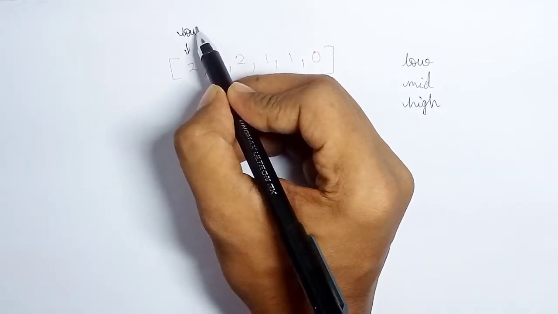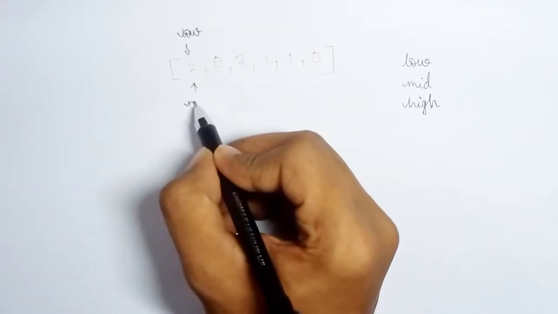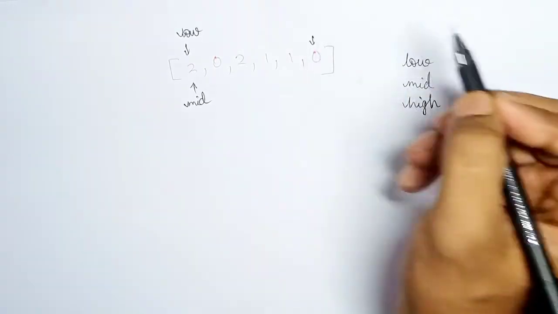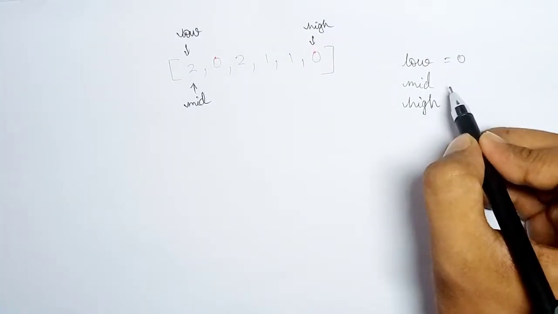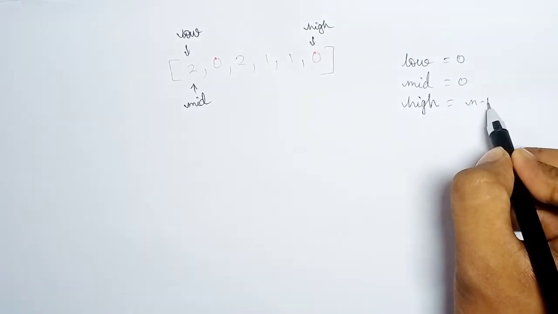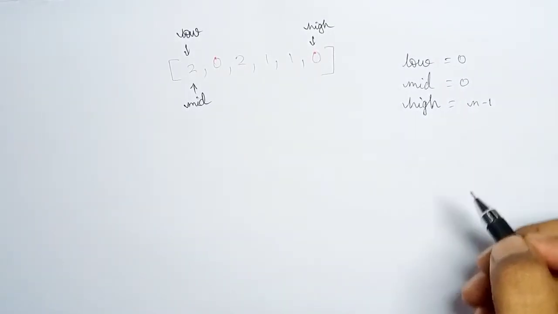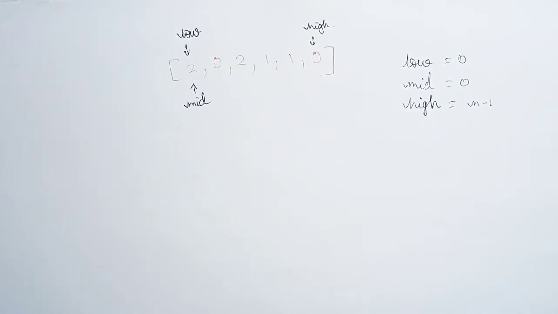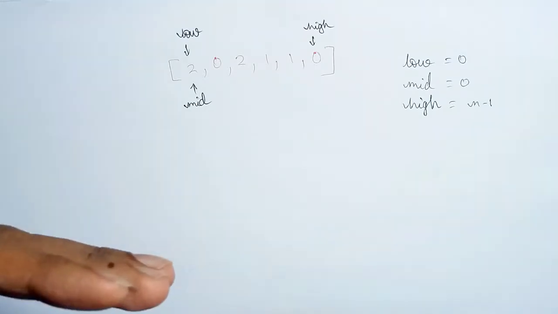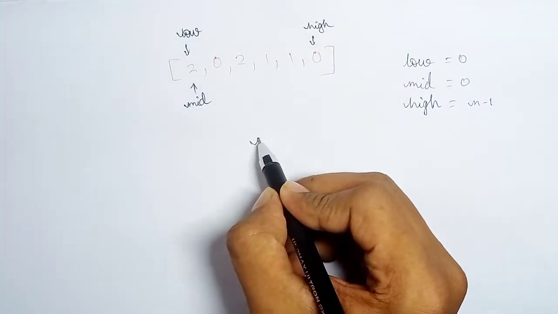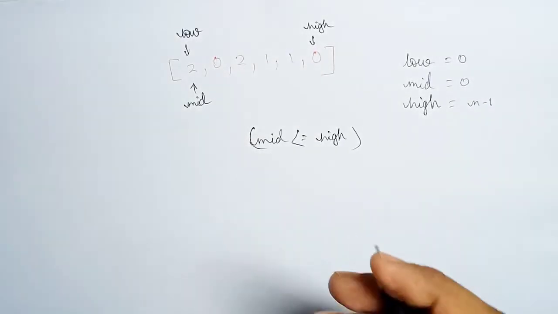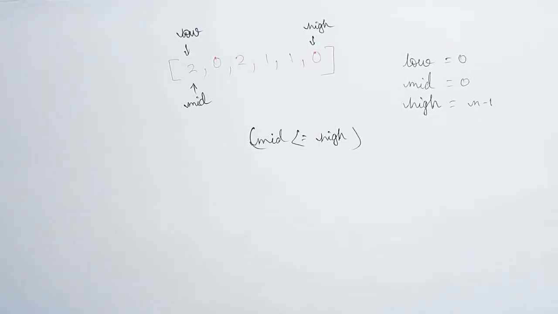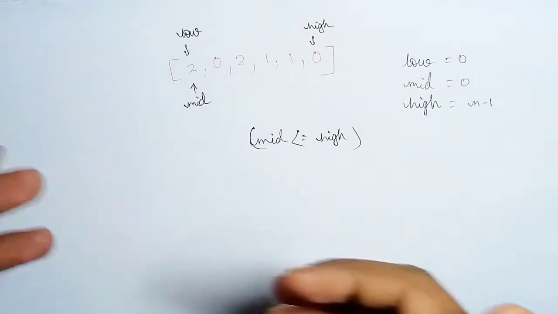Low points to the first element, mid points to the first element and high points to the last element. These are initialized as 0, 0 and n minus 1, where n is the length of the array. We run the loop while mid is less than or equal to high. When mid exceeds high, we come out of the loop.